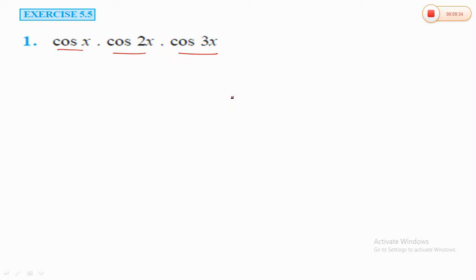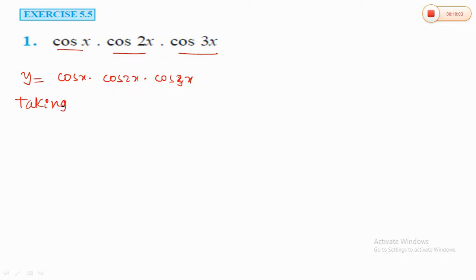using the UVW formula, or instead of that, we have to take log here, which will reduce the steps. So first write y equal to cos x, cos 2x, cos 3x. Now take the log on both sides.